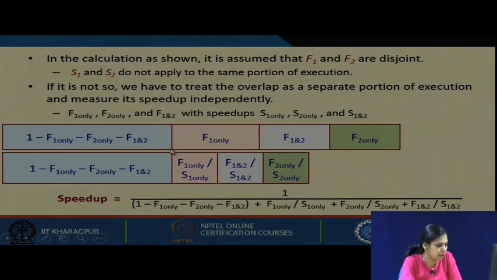So, it was initially this much, after reduction it has become this much. So, finally, the speedup equation can be said as 1 divided by (1 minus F1 only minus F2 only minus F1 and F2, so we are taking into consideration all the parts, plus F1 only divided by S1 only, plus F2 only divided by S2 only, and then taking into consideration both 1 and 2 divided by S1 and 2).